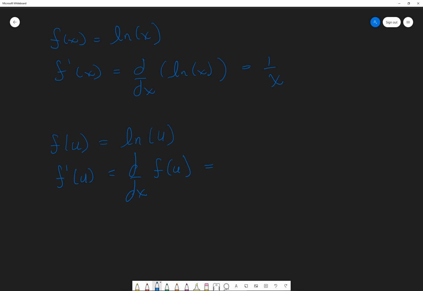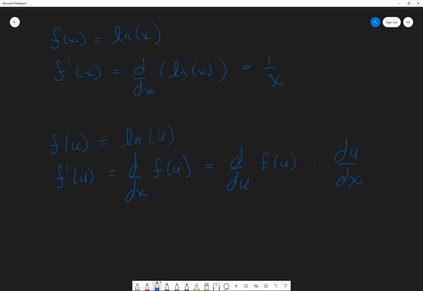So here, what we need to do is say d by du of the function as a function of u, and then we multiply by du by dx. You see how this du cancels with this du, so it's still d by dx of the function of u.